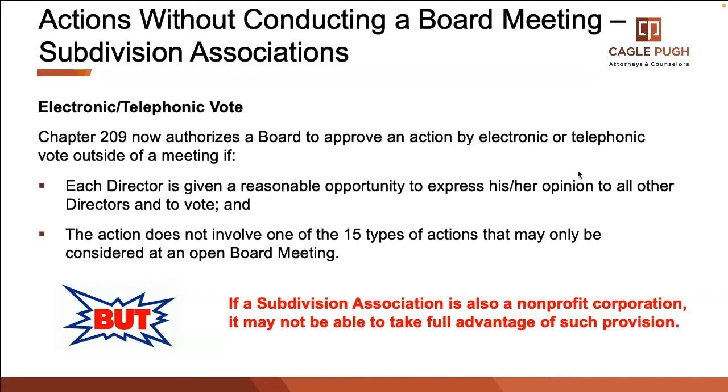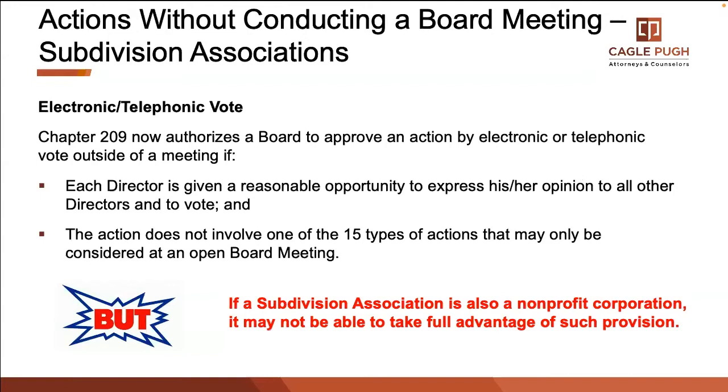That's because the Business Organizations Code doesn't authorize boards to take action outside of a meeting unless it's unanimous. Chapter 209 of the Property Code does allow a homeowners association board to do less than unanimous written consent. So you've got very conflicting information out there. Does the legislature want to allow that, or does Chapter 22 need to be amended?